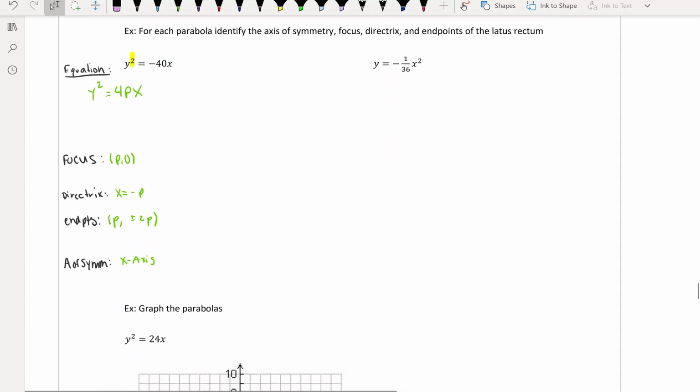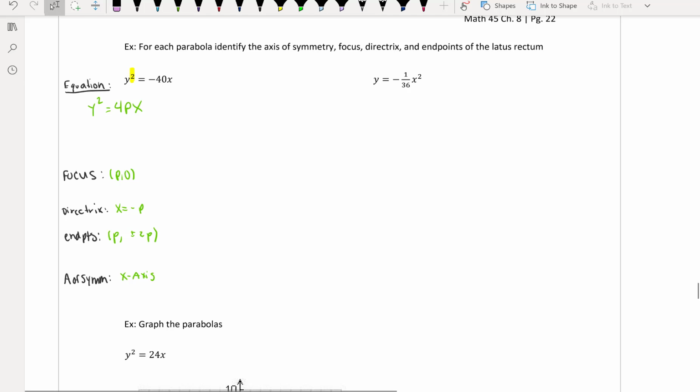Okay, so now I can use this information to figure out what I have. So my equation here, I have y squared is equal to, and here I have a 4 that needs to be fixed, and then I have some number that I'm going to be using as p.